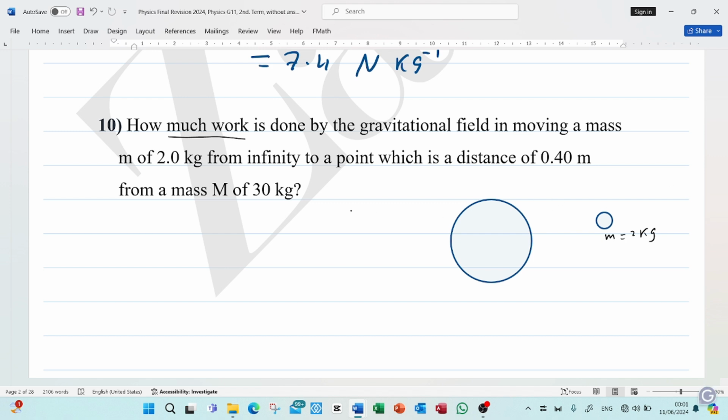Now, we need here the work done, it is m times phi, from infinity to the point which is distance 0.4 from the mass. So this is here the distance r equals 0.4 meter, and the mass, the capital mass, is 30 kilogram.